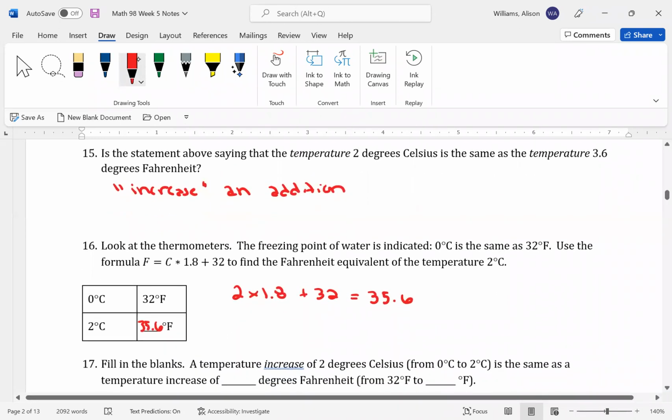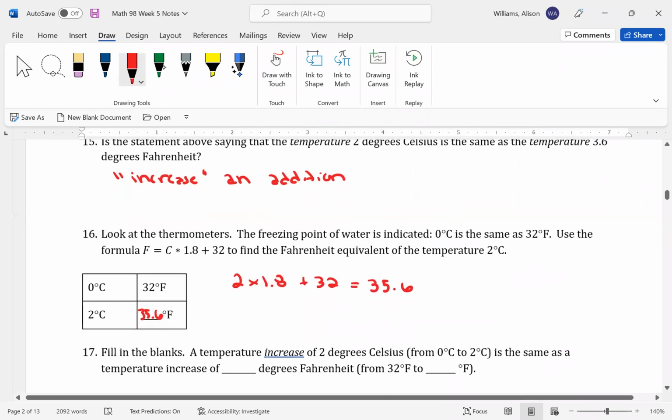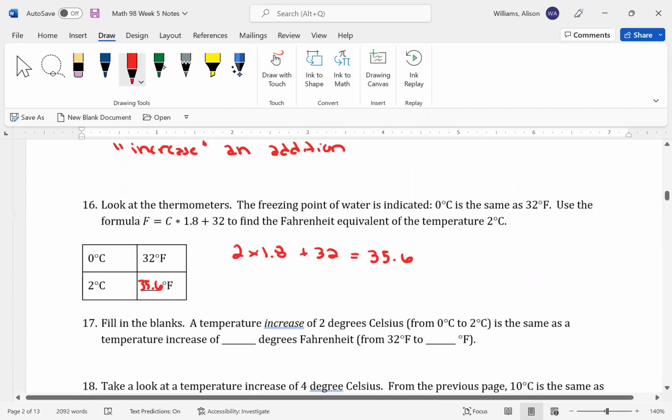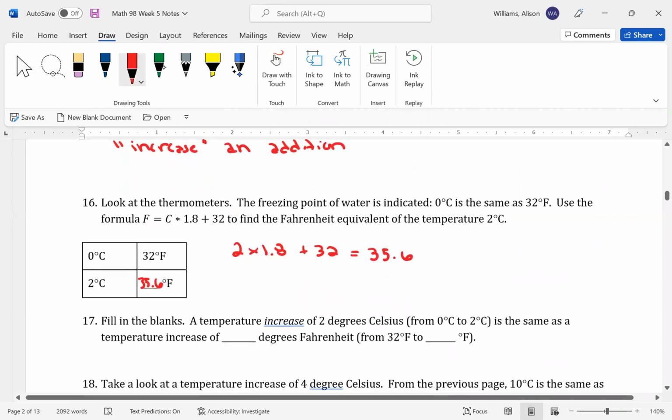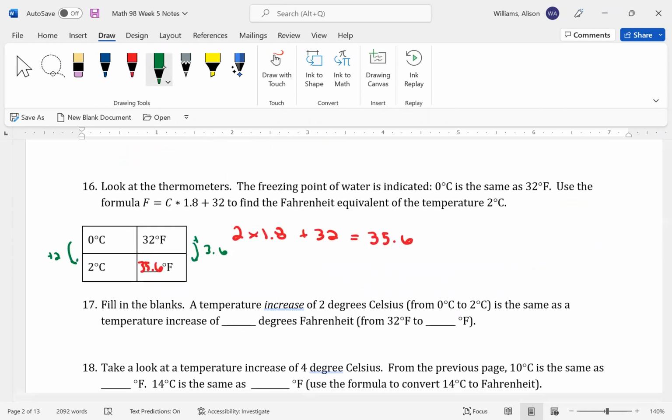What it is indicating, though, is that an increase of 2 degrees Celsius, here they're adding 2, ends up being an increase of 3.6 degrees Fahrenheit, to go from 32 degrees Fahrenheit to 35.6 degrees Fahrenheit.